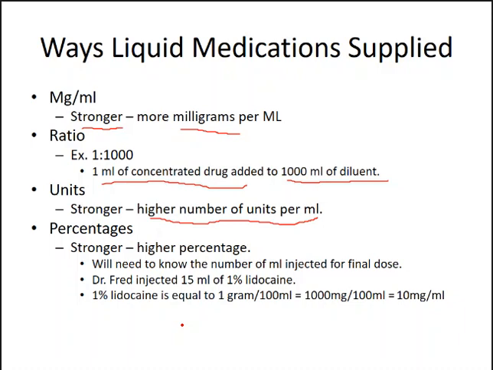If we want something that's stronger, we would go with the 2% injection. If we wanted something weaker, we'd go with a 0.5% injection. And in those cases, we need to know the number of milliliters injected in order to know the final dose. Otherwise, we would not know what the dose was.